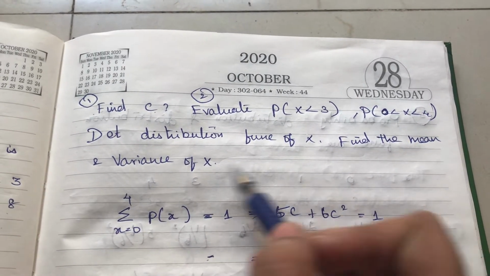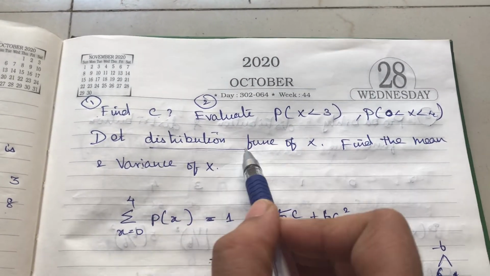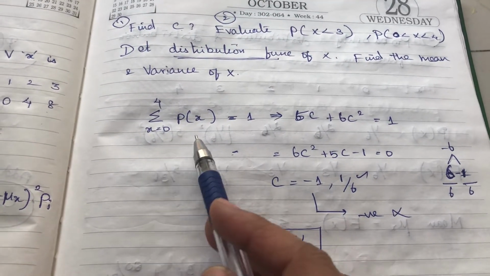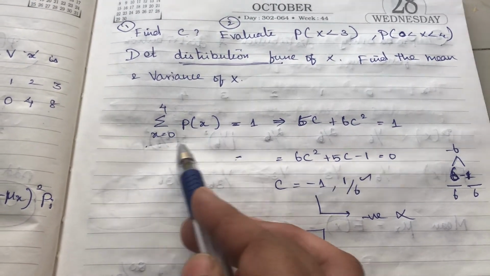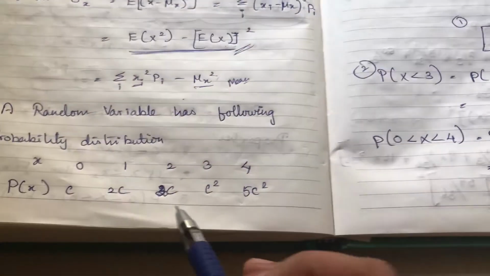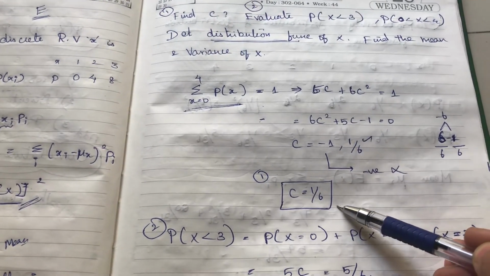Then they want us to find the mean and variance and also the distribution function. First of all, the summation of p of x, the general term, is equal to 1. So just add all these p's and you will get a value for C.